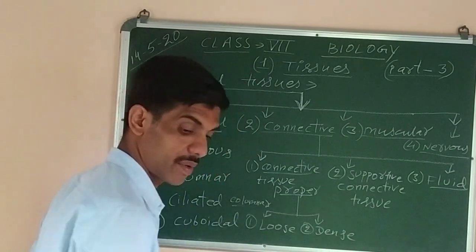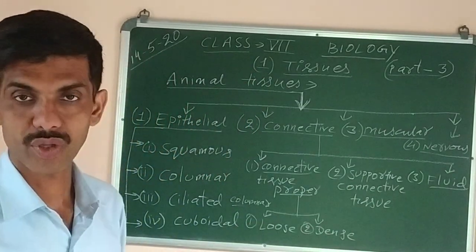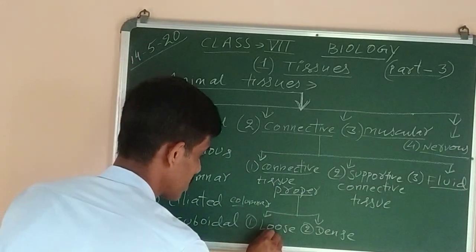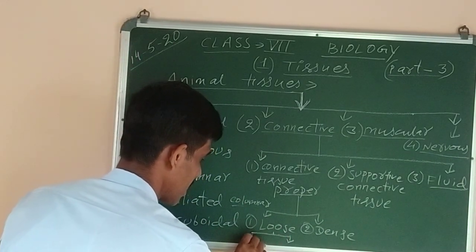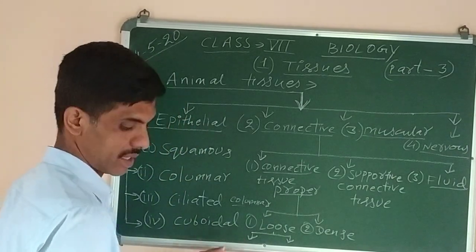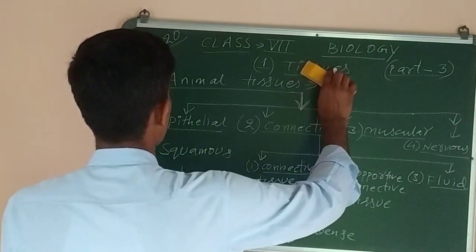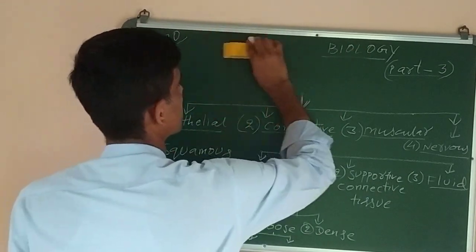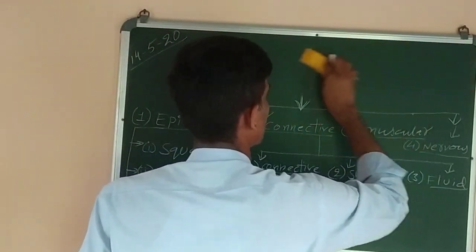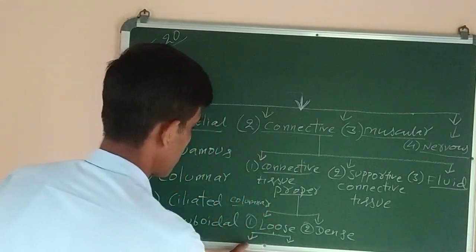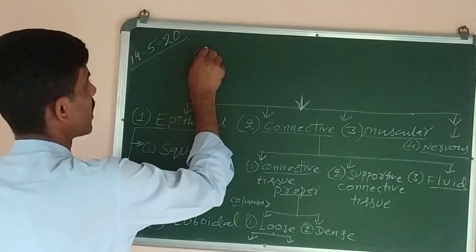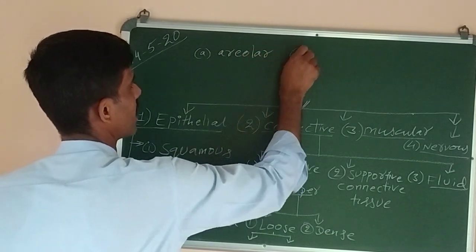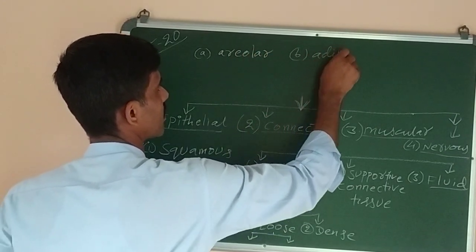Now they have further divisions. Loose connective tissue is further divided into areolar and adipose. So this one also has 2 branches. No more place to write here, so I'll rub it and write on the top. Number A, areolar, and number B, adipose.